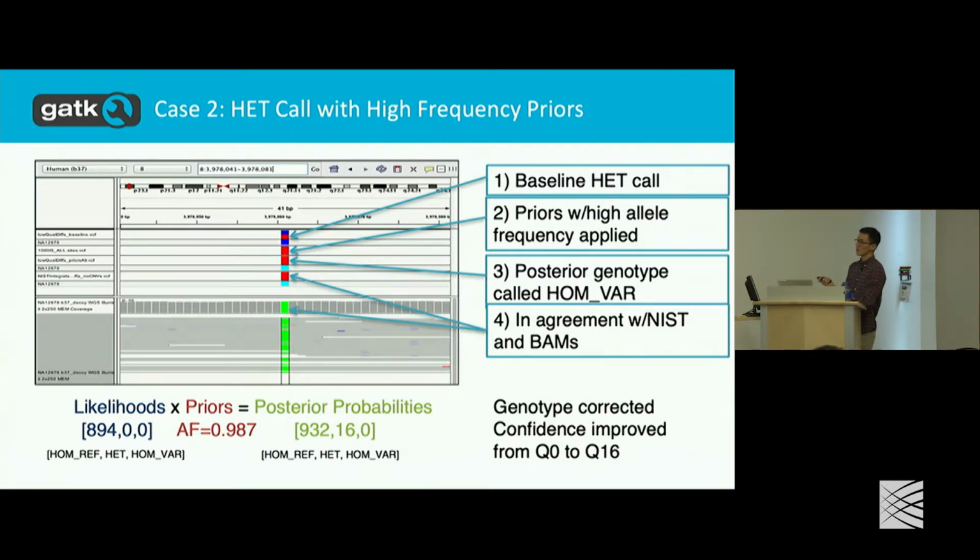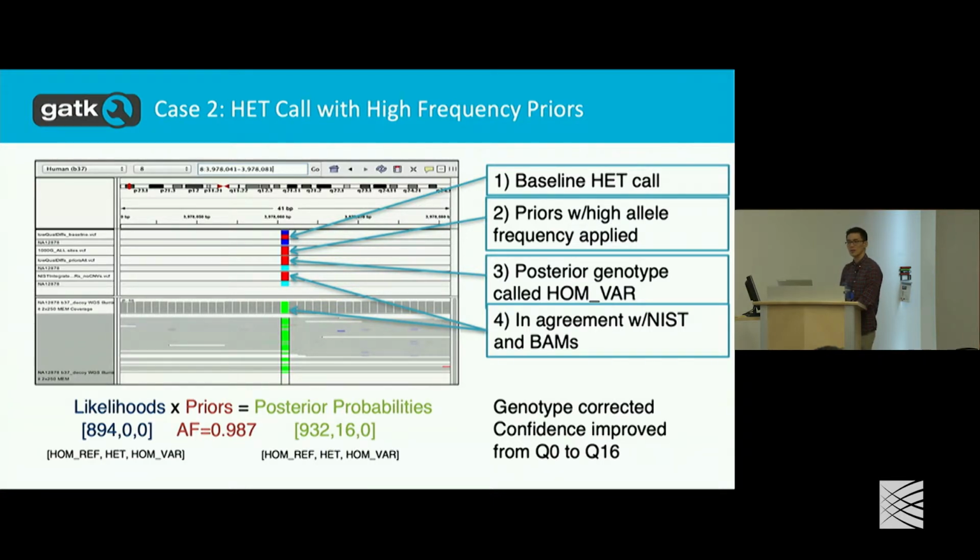And Q16 means if you take the ratio of the most likely to the next most likely, you get 10 to the 1.6 power, sorry.